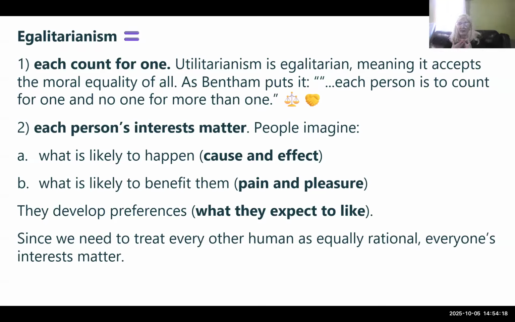Because of that, we develop preferences. We might prefer chocolate cake to vanilla cake or vice versa, and that is just what we expect to like, or what we expect to bring us pleasure. Since we need to treat every other human as equally rational, every other human's interests and preferences matter equally.